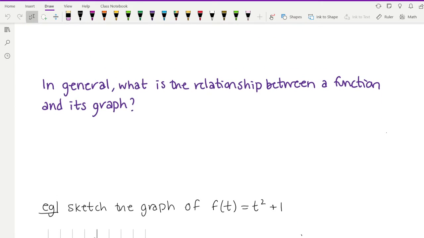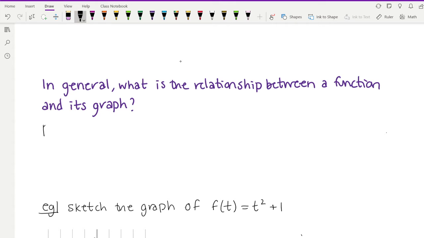If you have the graph of a function and you look at all of the points that lie on that graph, they're going to have a horizontal coordinate, which is the input, and a vertical coordinate, which is the output, right?